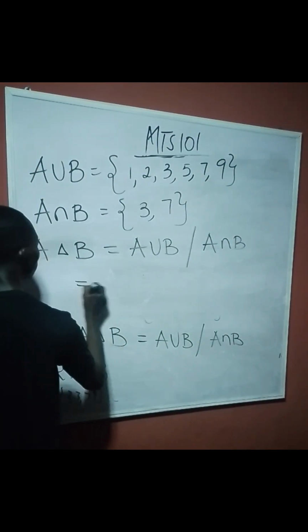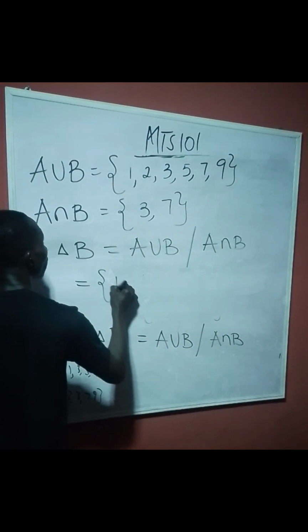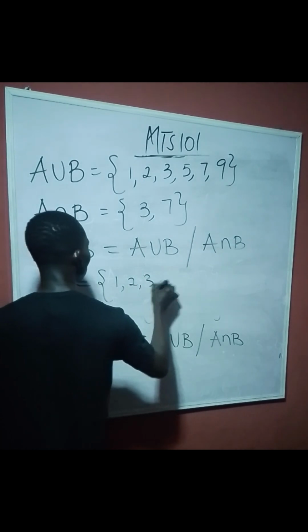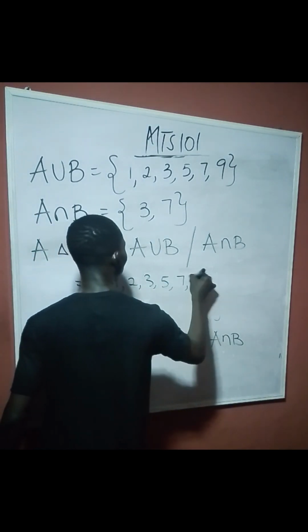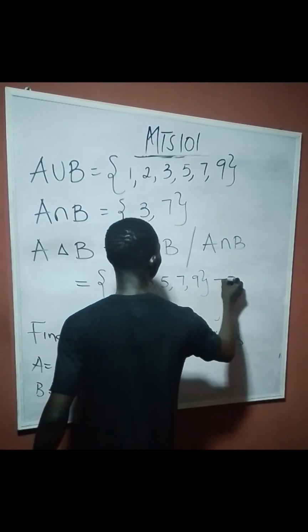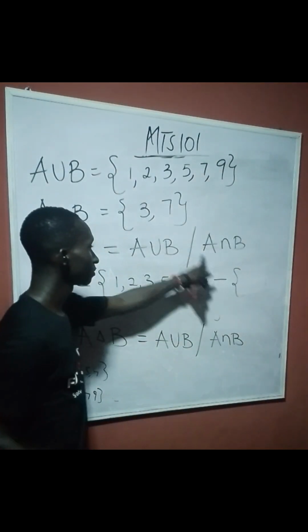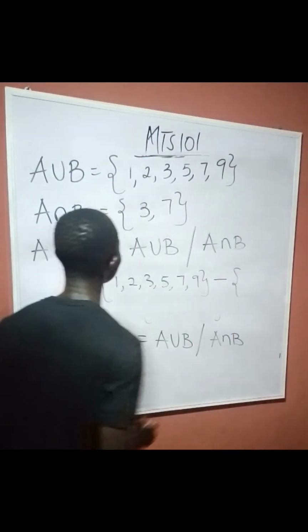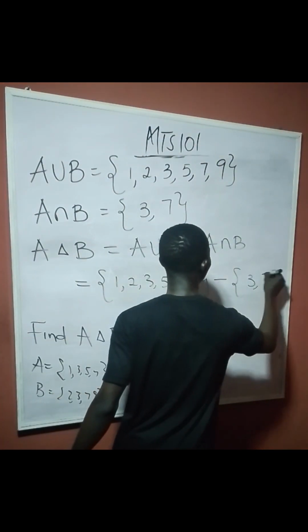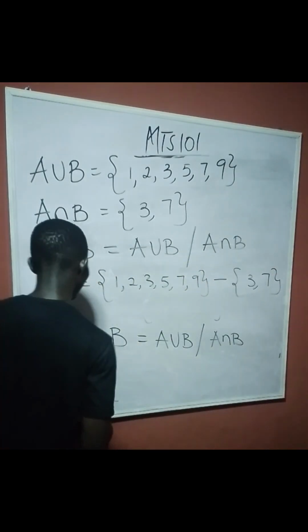Now, what is A union B? A union B we have 1, 2, 3, 5, 7, 9. Difference. Don't forget that symbol stands for difference, right? Intersection is what? 3 and 7.